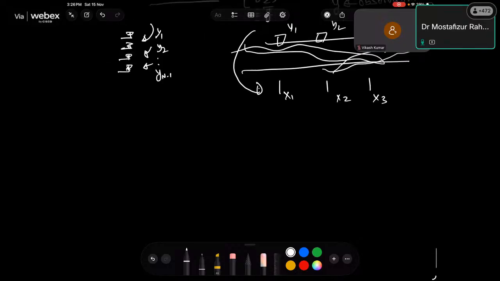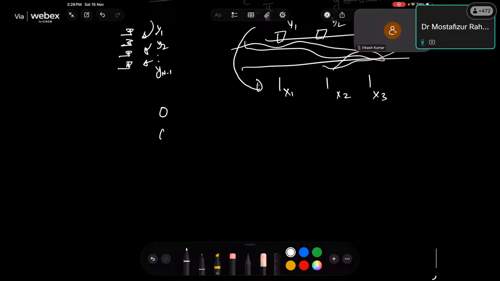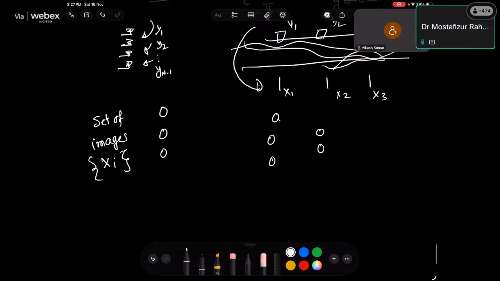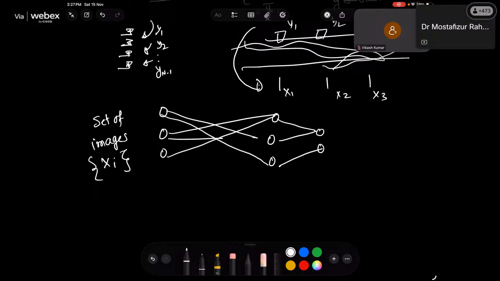Even when we do machine learning, you have certain input nodes and certain output nodes. The input is a set of images, xi. At the output you have only two classes, whether it's class y1 or class y2.